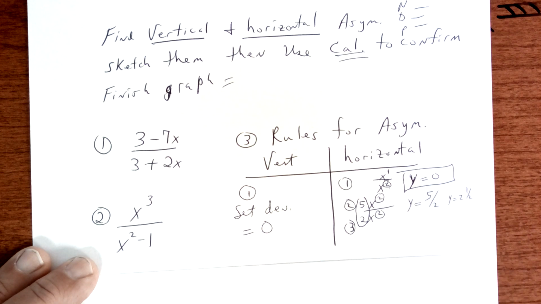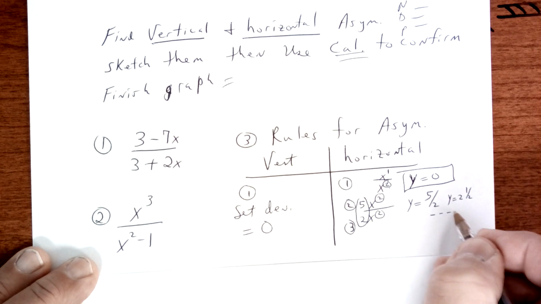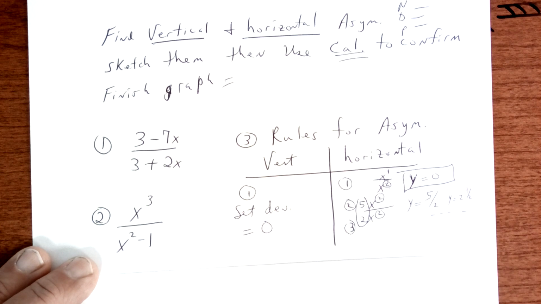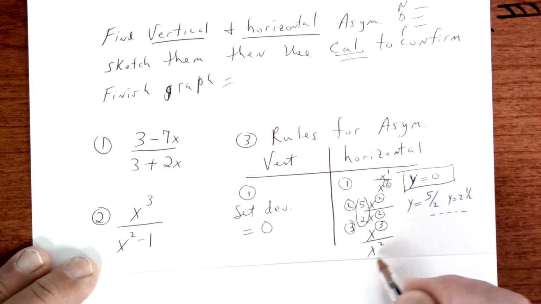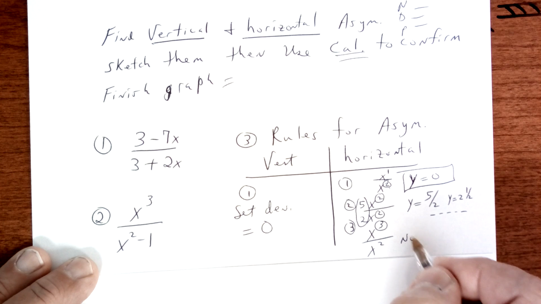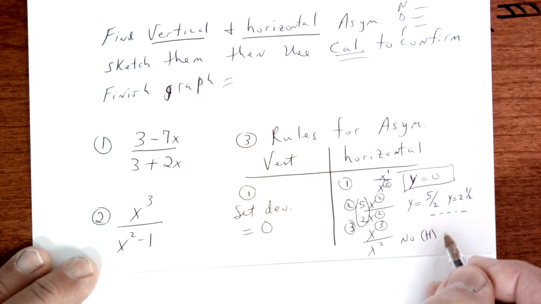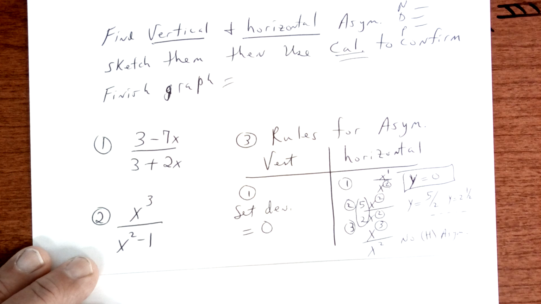A horizontal asymptote. Okay? And then finally, number 3 is where the top exponent is bigger than the bottom. If the top is bigger, then there is no horizontal asymptote. Okay? Those are the rules.